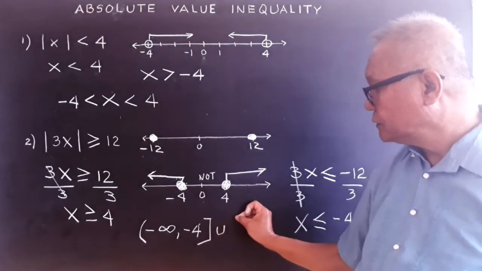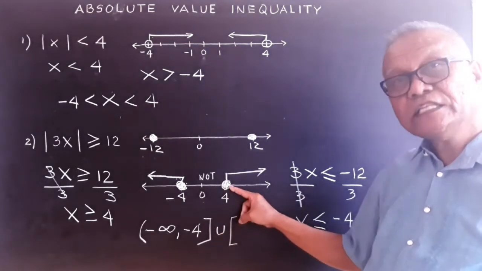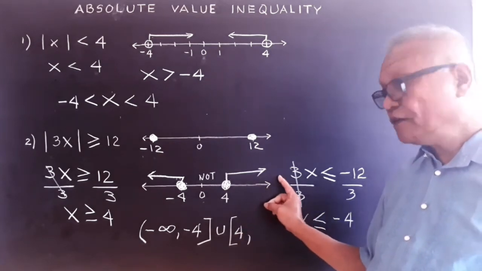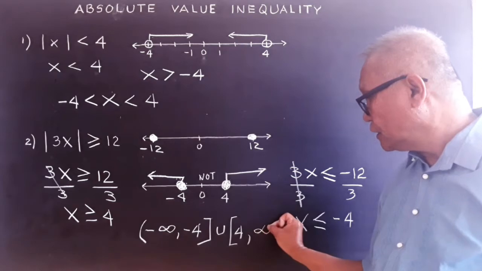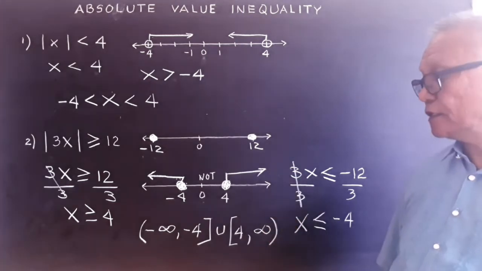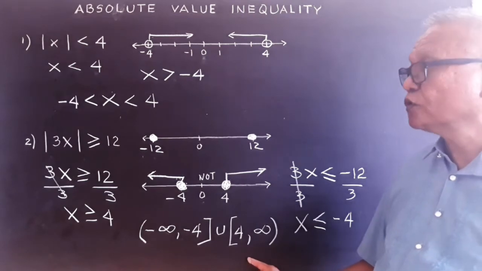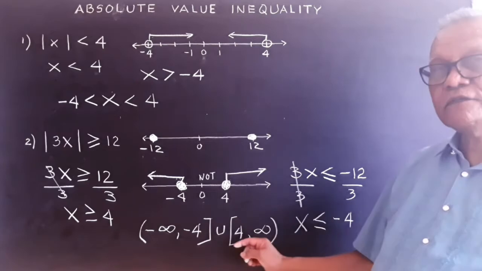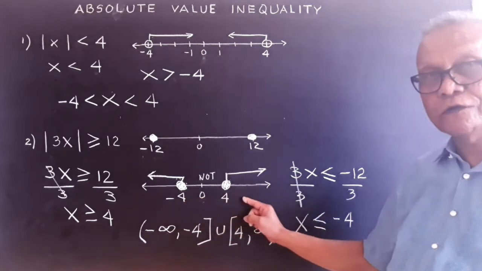We combine and start again with the 4 here. Going to be positive infinity. Always parenthesis here. And this is our solution for number 2. All real numbers except negative 4 to positive 4. That is our solution for number 2.